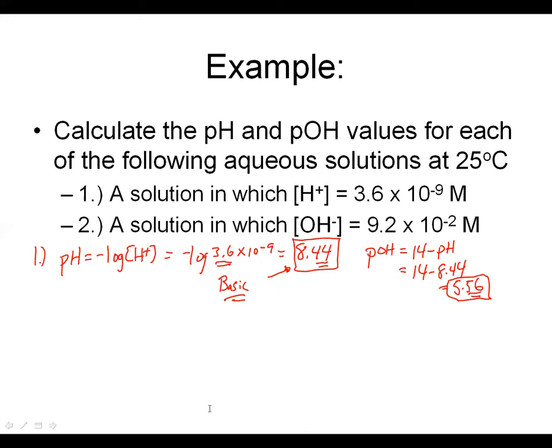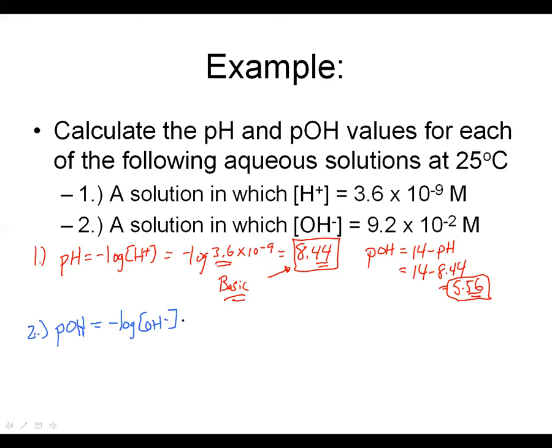All right, looking at the second one, we are given the OH minus concentration. Because it's the OH minus concentration, we cannot directly calculate the pH, but we can calculate the pOH, which is minus the log of the OH minus.